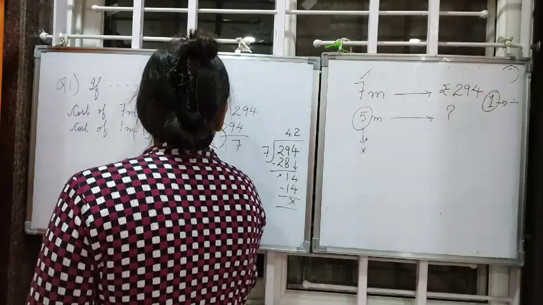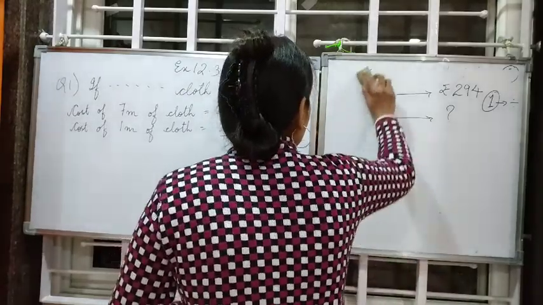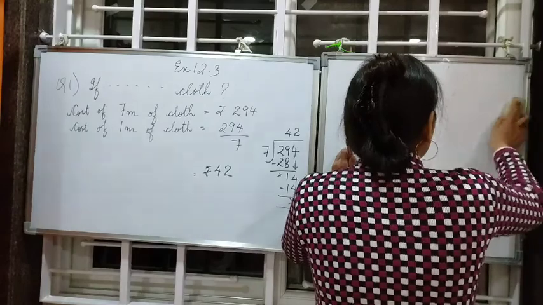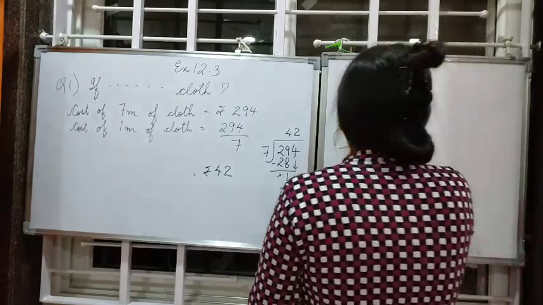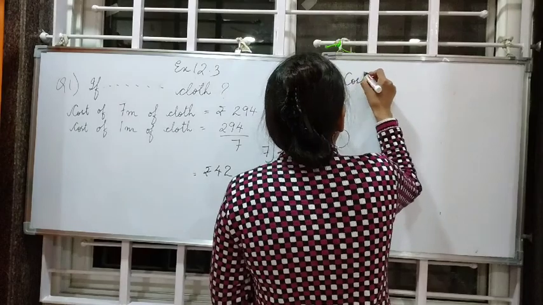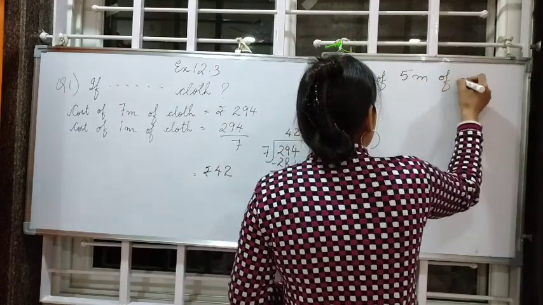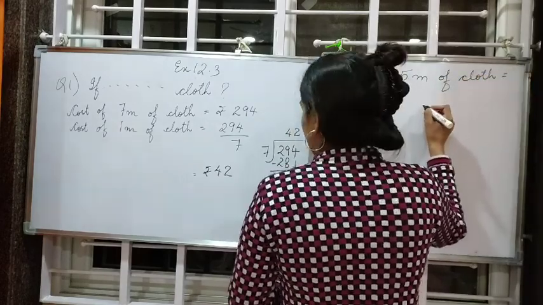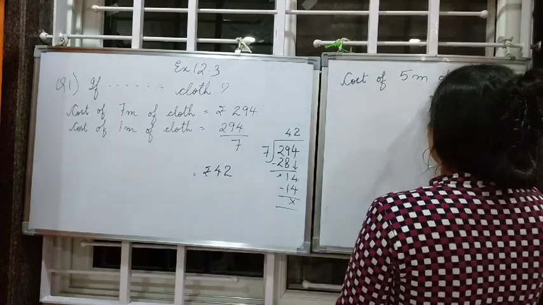Now what is asked? Cost of 5 meters of cloth. So here we multiply 42 by 5.